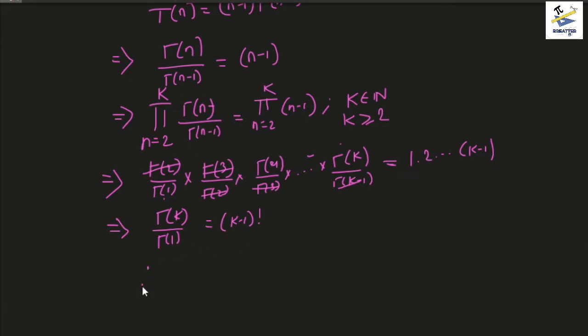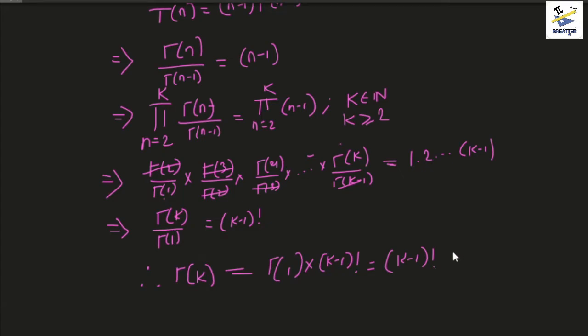Therefore, gamma of k, since gamma of 1, as we had evaluated earlier, is 1, is just 1 into k minus 1 factorial, which is just k minus 1 factorial. So this is the definition of gamma of k for natural numbers k.